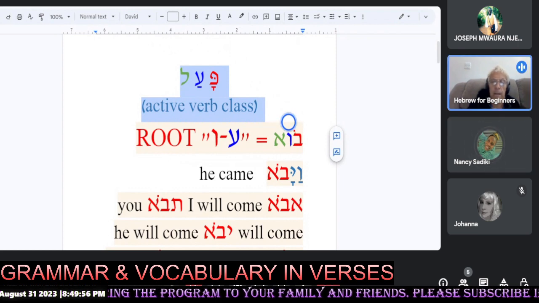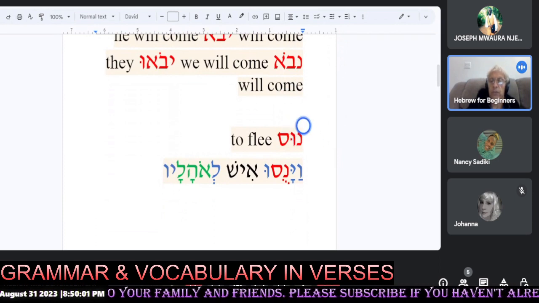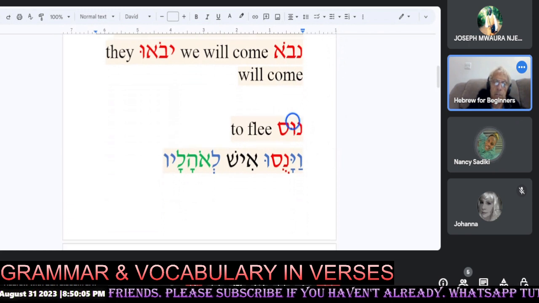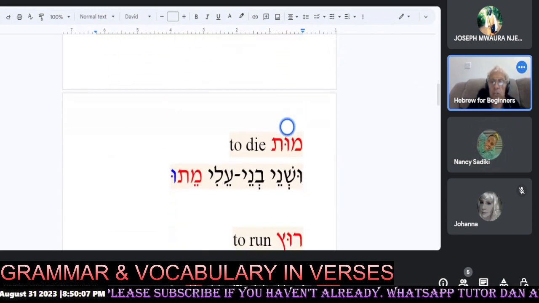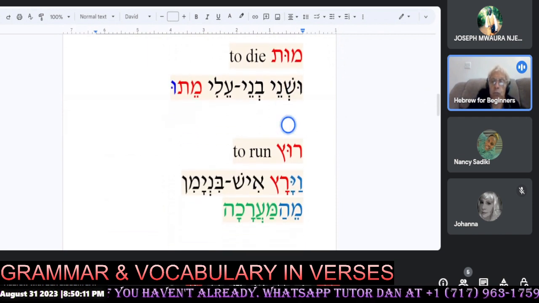And there are some other roots like that. Nus, for example, the Vav is in the Ayin position. And Mut, to die, the Vav is in the Ayin position. And here's another one.